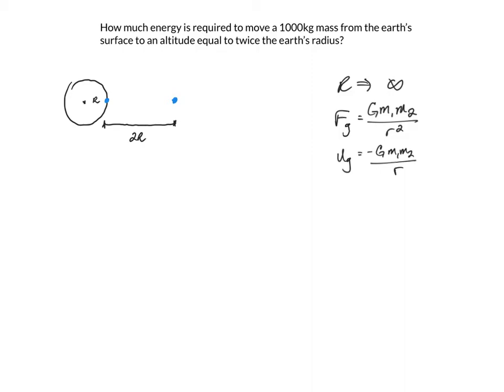So we're moving from this point here to a distance of 2r. Okay, so 2 times the radius of the Earth away. So we actually have work being done here. We have an initial amount of energy, so I'm just going to say E initial here, and we have a final amount.